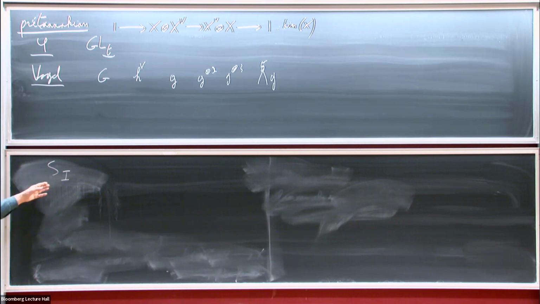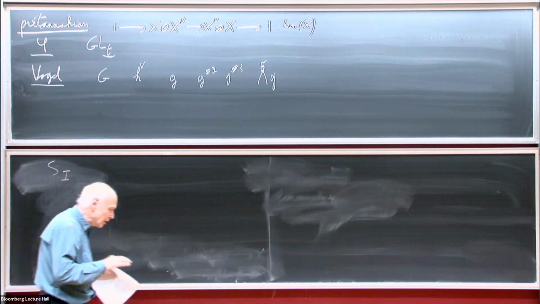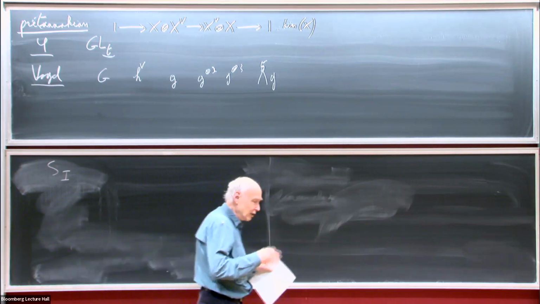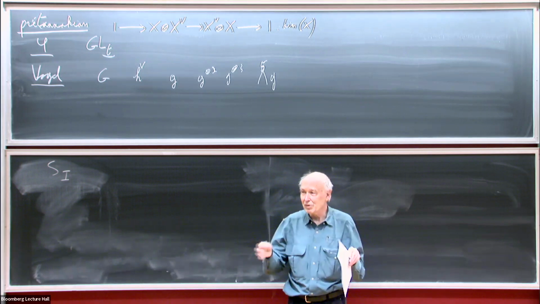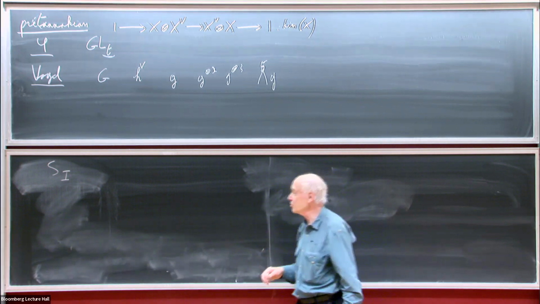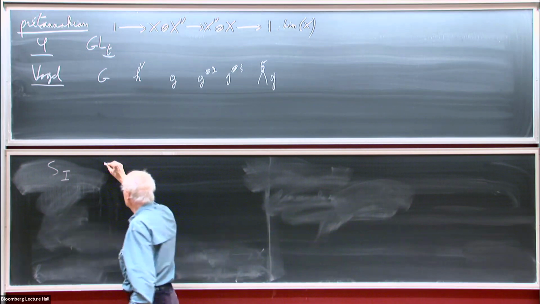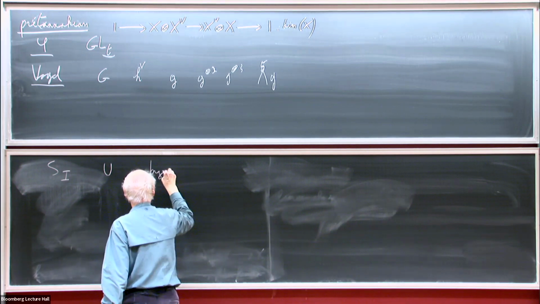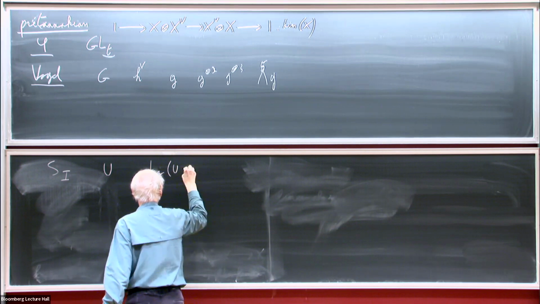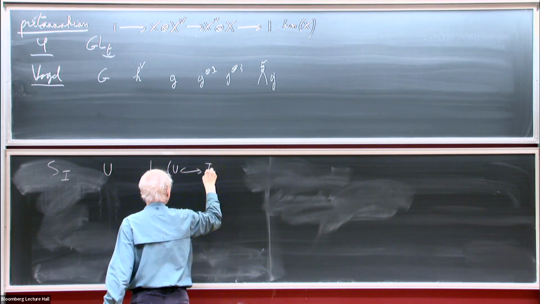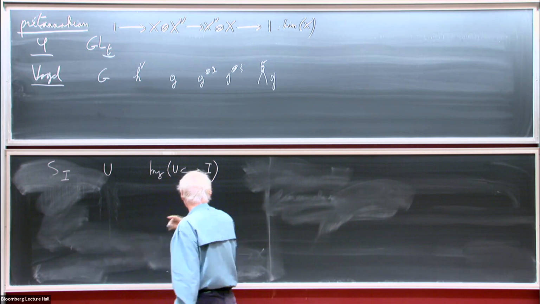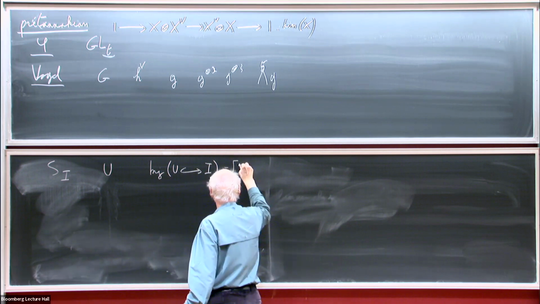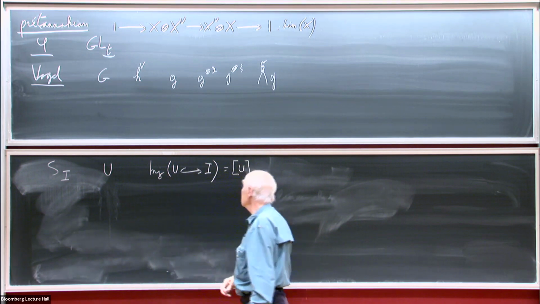I is a finite set, and you look at the group of permutations of this finite set. Now, let me first look at some transitive finite sets. If you have a finite set U, you can look at all the injections of U into I. Let me call this Inj(U, I).